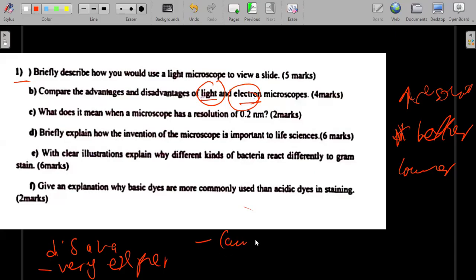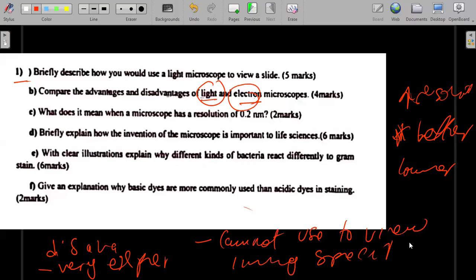You cannot use it to view a living specimen. That's another disadvantage of this electron microscope, so you get your full 4 marks there.